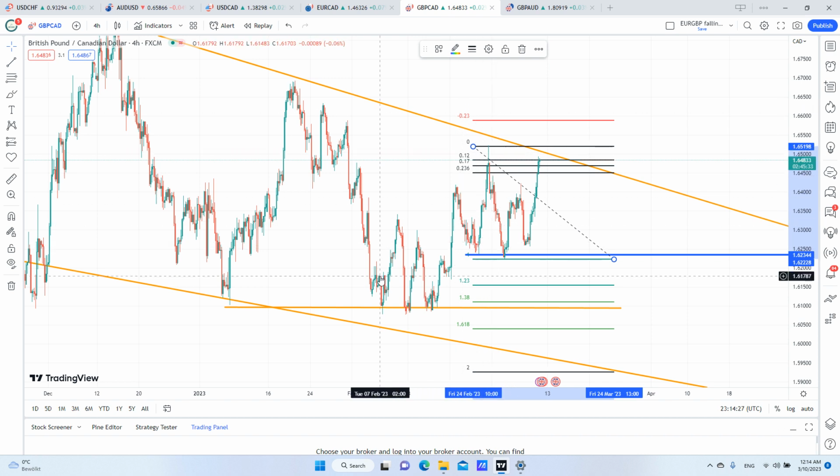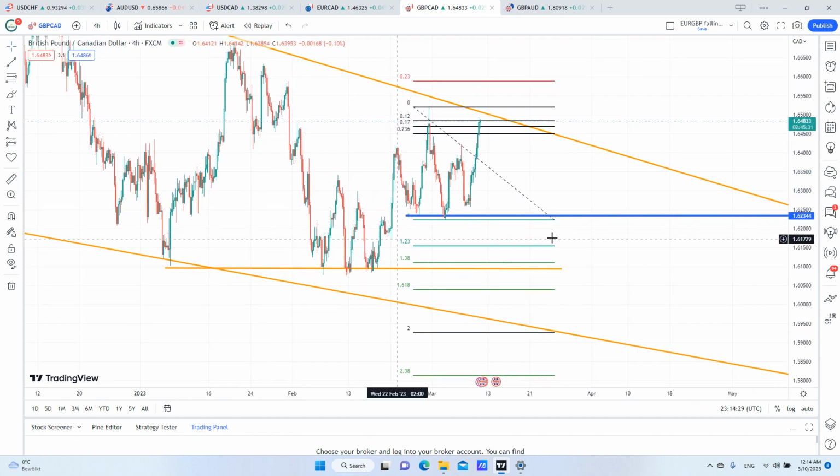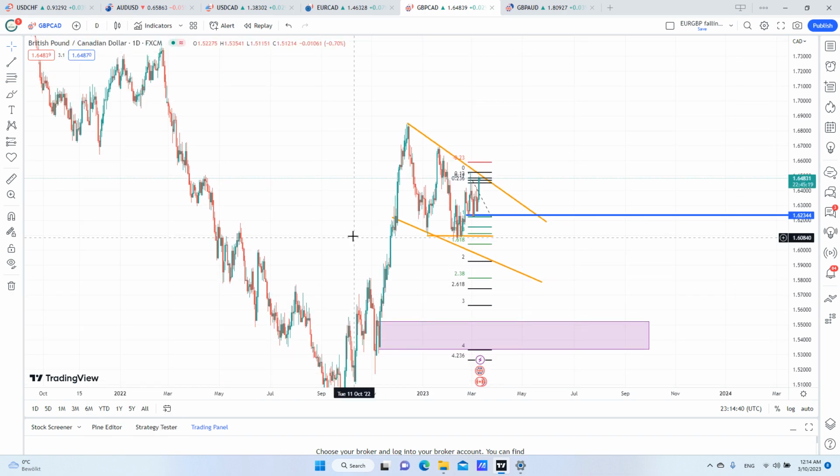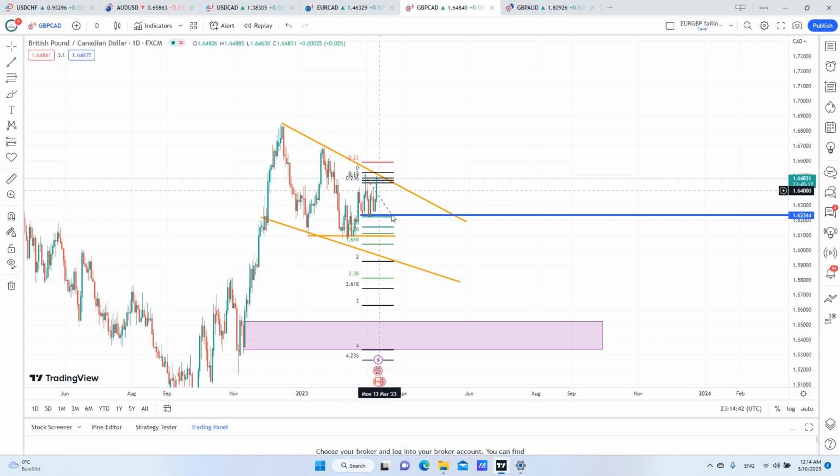I wanted to short it from here to the liquidity underneath, which will be the 1.61. And if we look at the daily chart, I think we still have room to go down to these areas.